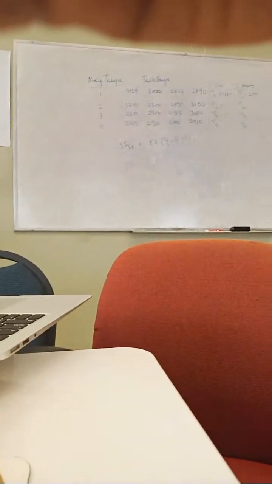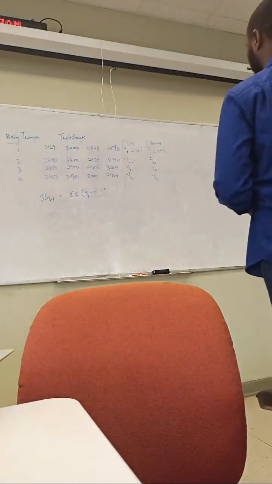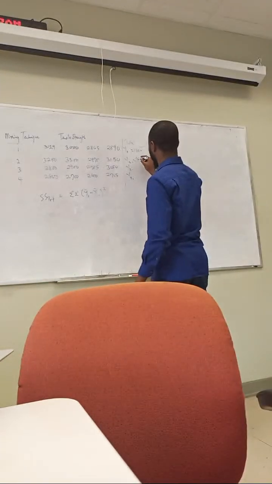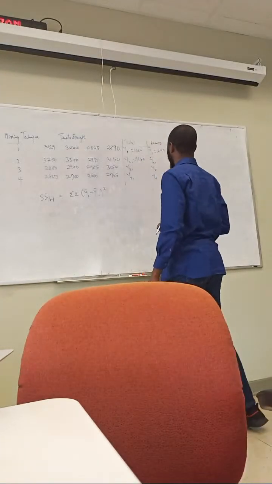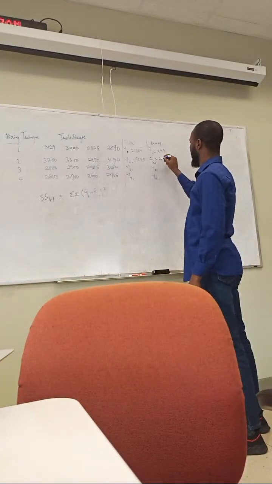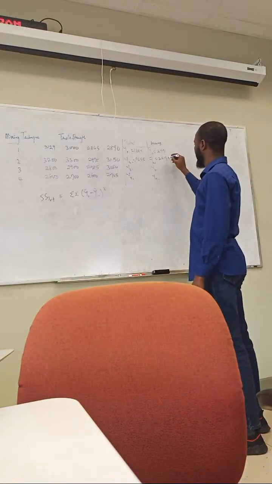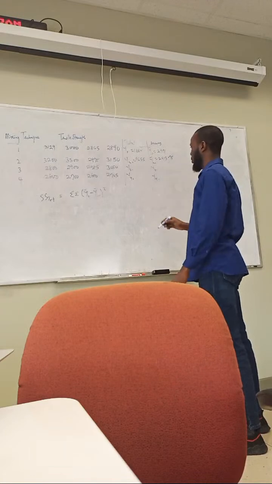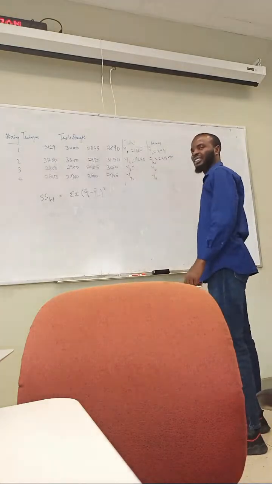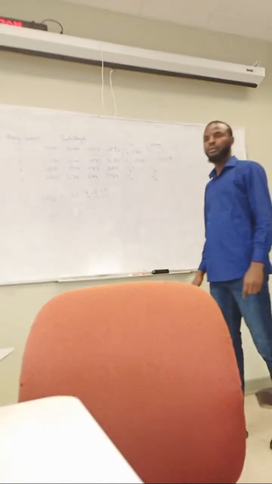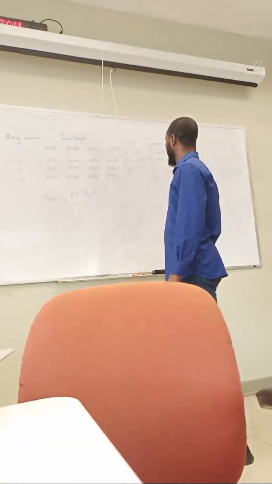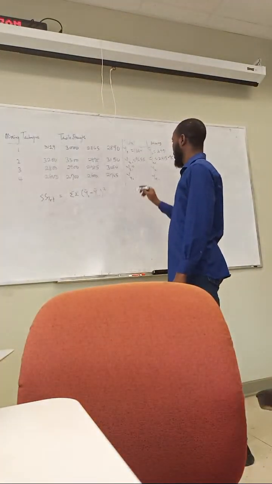I don't think my phone is doing well. Okay, 9655, average 2413.75. What about y3 dot? 2800 plus 2900 plus 2985.